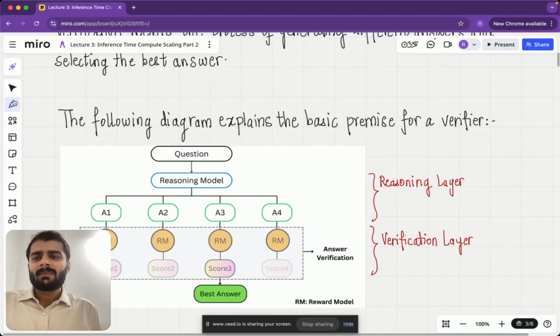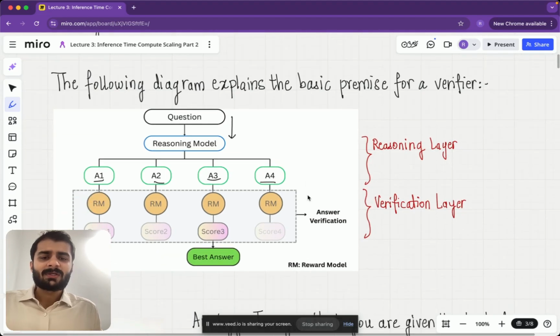In this diagram, we see that we ask a question at the top, and then the question gets passed to the reasoning model. And then what happens is that instead of providing one answer in the output, the reasoning model provides four different answers which are labeled as A1, A2, A3, and A4.